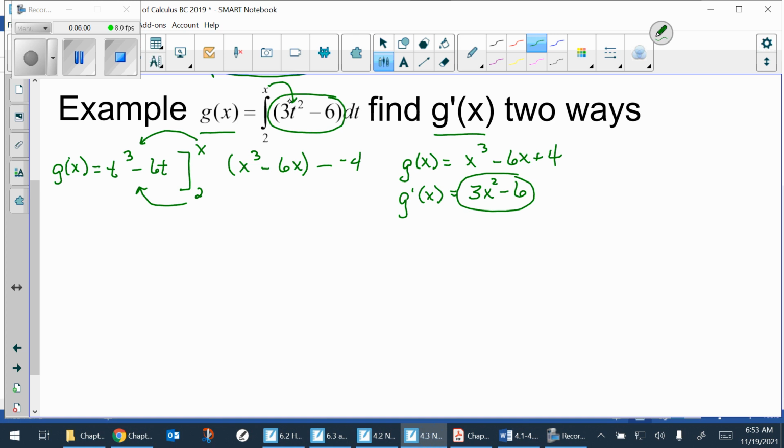And is that always going to work? The answer is yeah, that's always going to work. You're going to take the antiderivative, then take the derivative of it. Those counteract each other, and so you're left with what you started with.